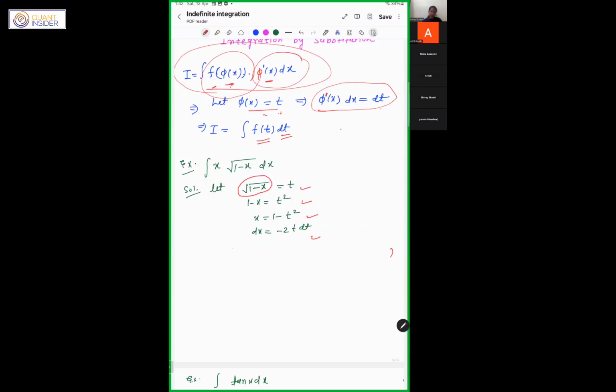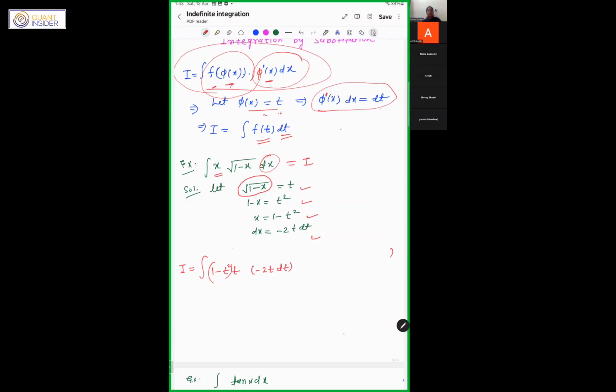So what can we do now? After this assumption, suppose this integration is I, so I is what now? Under root 1 minus x is t, and your dx is converted to minus 2t dt, so it will make it easy. Now what is x? x is equal to 1 minus t square. Now this whole thing is converted in terms of t.